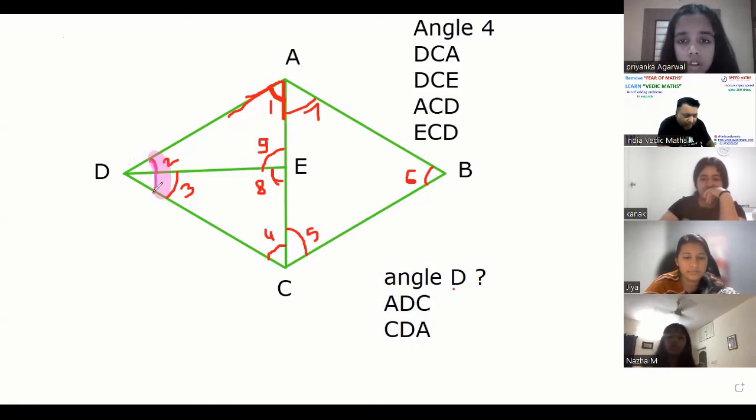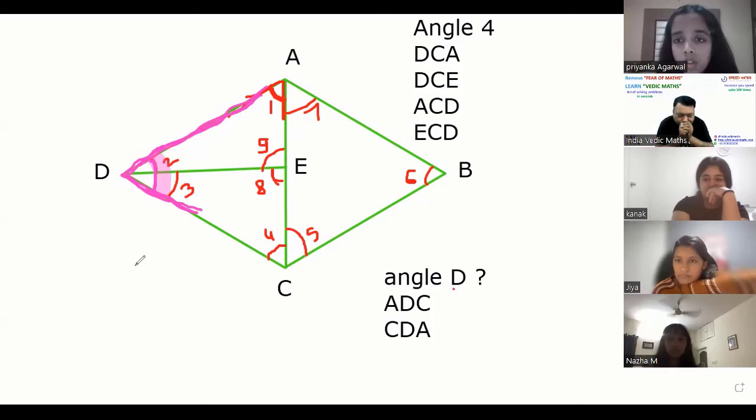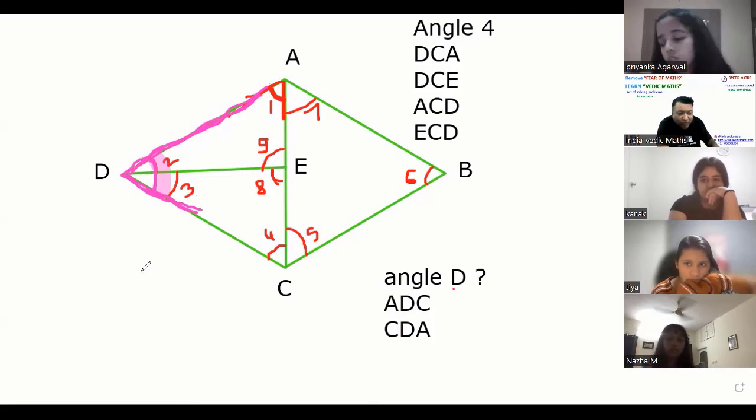We're talking about this angle, right? It's formed from this. Sir, can I say? Yes, Mayank, please. Sir, angle D, or angle ADC, or angle CDA, right? Yes. Mayank, I am going to ask you a very difficult question now.